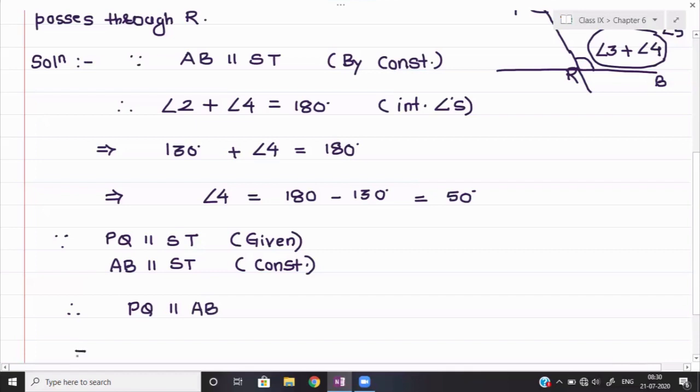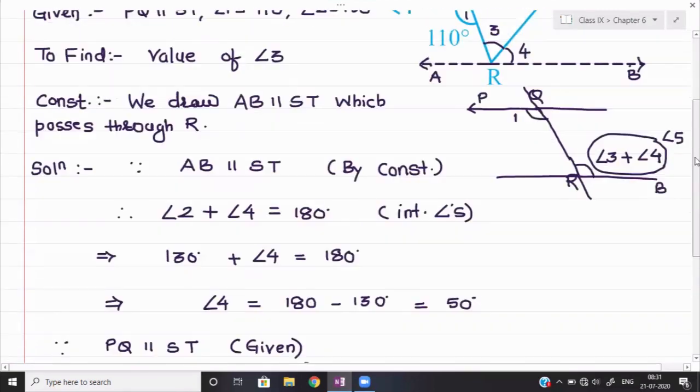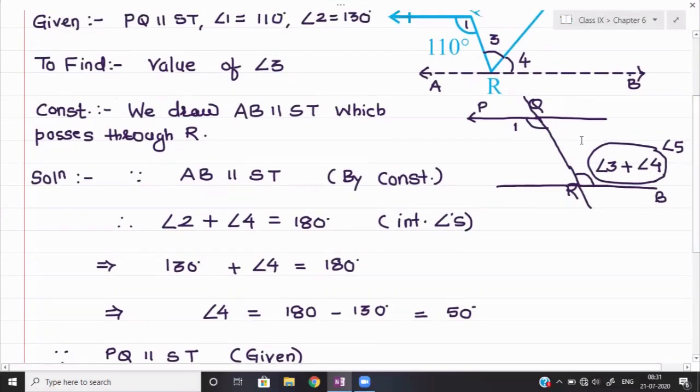Now PQ and AB are parallel, so as I told you earlier, we will get angle 1 is equal to angle 3 plus angle 4. You can check, angle 1 and angle 3 plus angle 4 are alternate angles when PQ and AB are parallel. Here we can assume point A, that is not a problem.